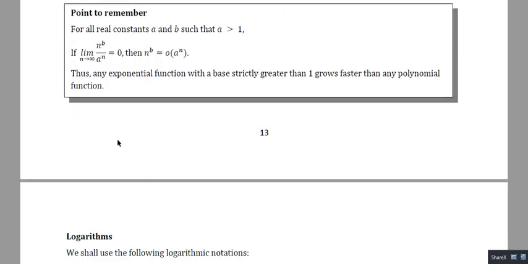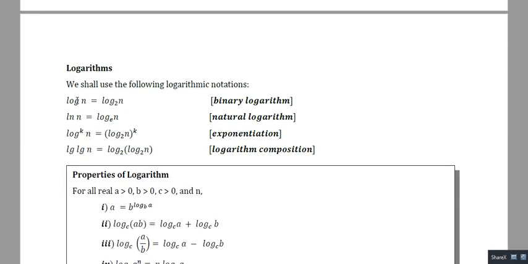Now these are the different logarithm notations we shall be using. Log n is called the binary logarithm, so simply writing log n means log n base 2. And ln n means natural logarithm, so writing ln n is equivalent to log n base e.